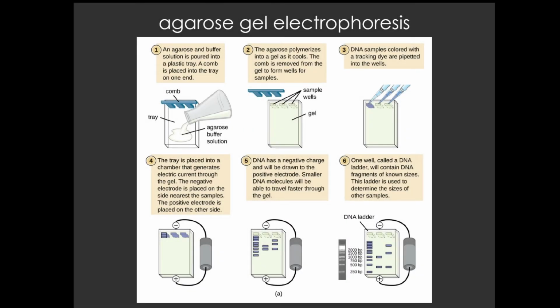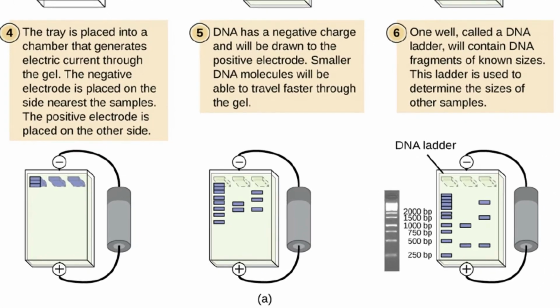Once you have DNA molecules, whether you have created them and you just want to look at the entire molecule, or if you created them and you digested them with restriction enzymes and you want to look at them, you need a way of separating and visualizing those fragments based on their size, and that can be accomplished utilizing something called agarose gel electrophoresis, which utilizes electricity to move DNA samples through a thick gel matrix.